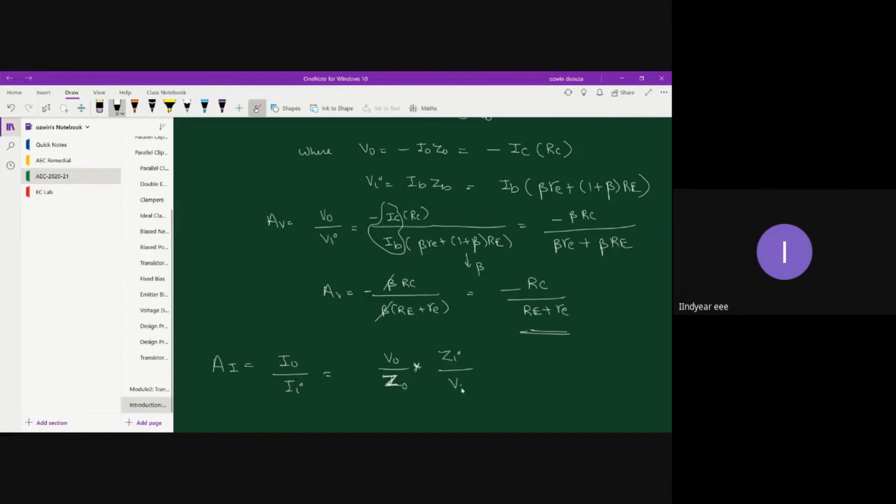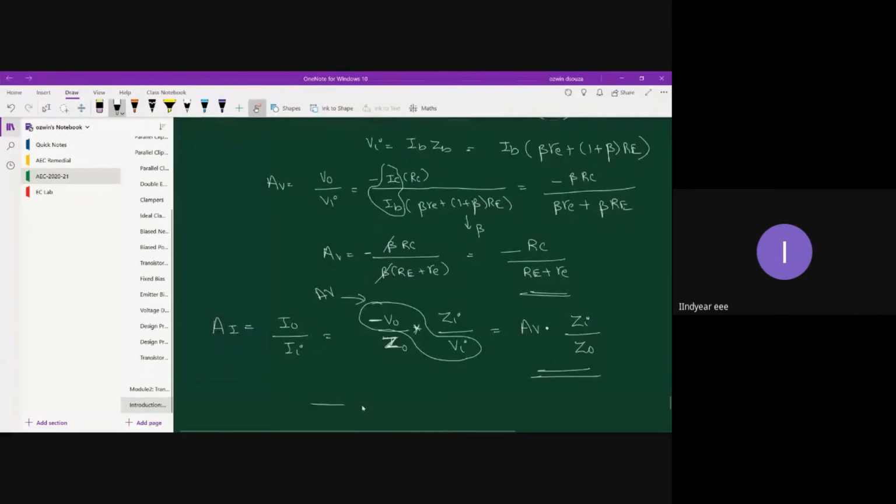So Zi by Vi. This is negative sign, of course. So you have this ratio V0 by Vi, which is your voltage gain AV. So it is voltage gain times the impedance ratio, Zi by Z0. So that's your current gain.